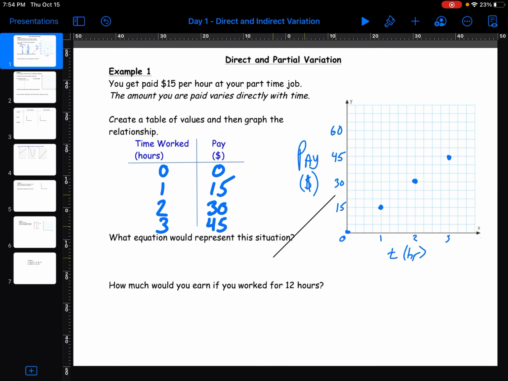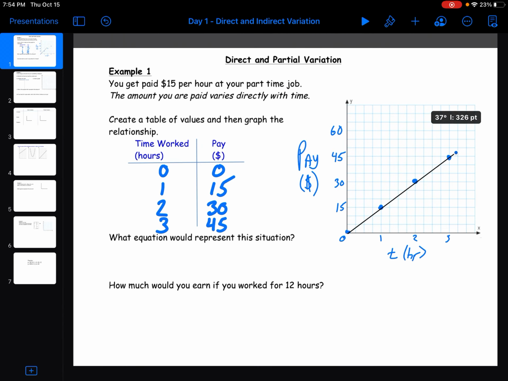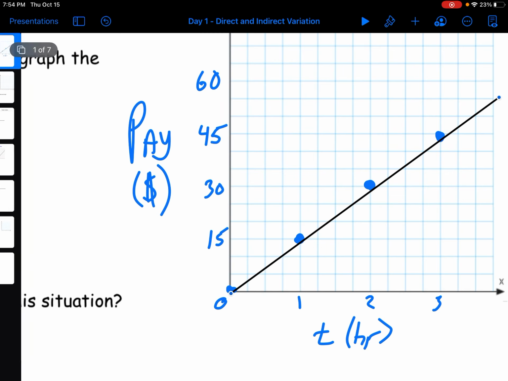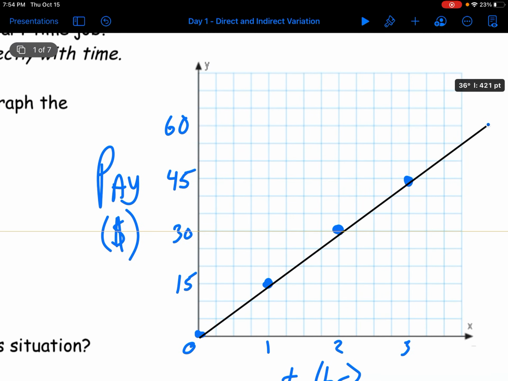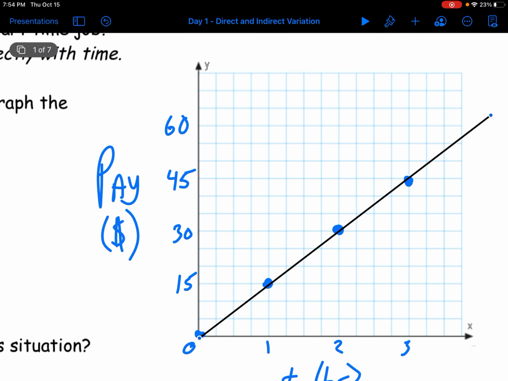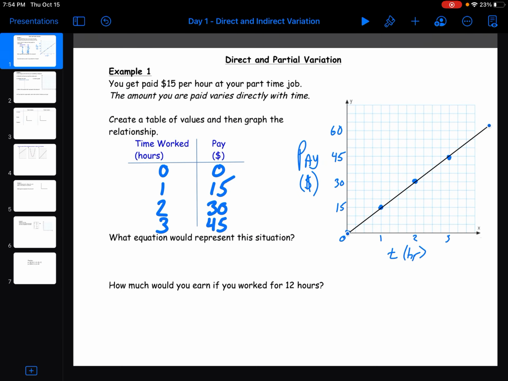So we can model this situation with a line. Let's try to get this line in there. Nice and straight right there. Okay, so we're modeling our situation.